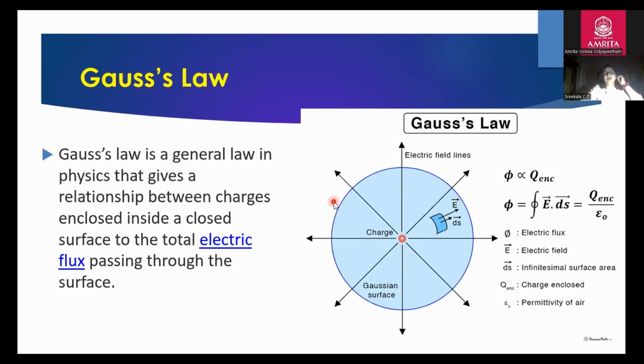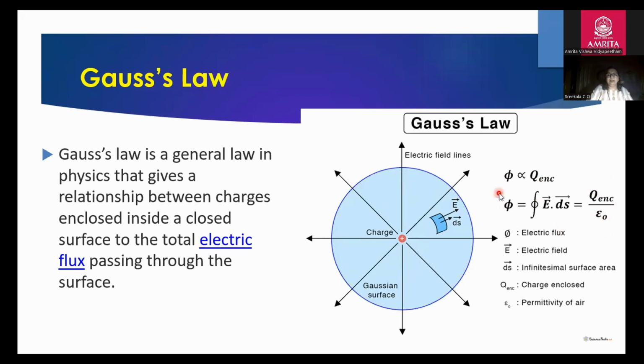Using Gauss law, you can solve problems very easily. Gauss law states that the electric flux through a closed surface, the Gaussian surface, is directly proportional to the charge enclosed, or equal to 1 by epsilon 0 times the charge enclosed.